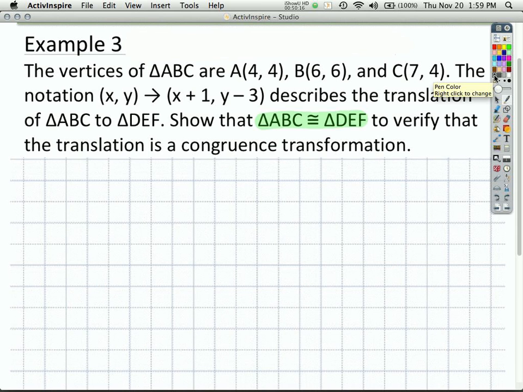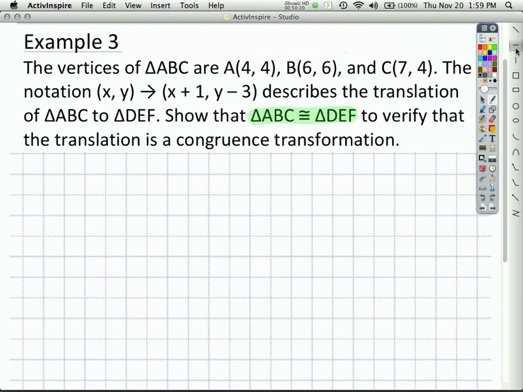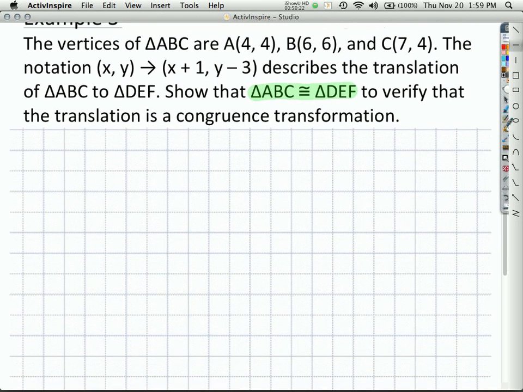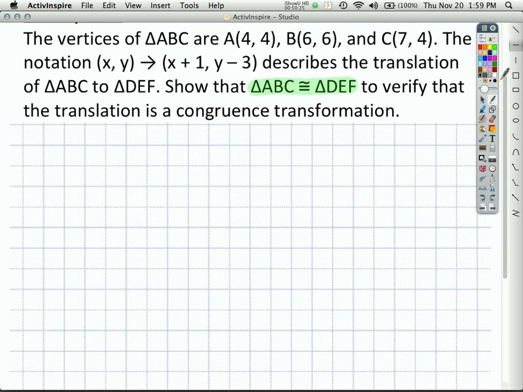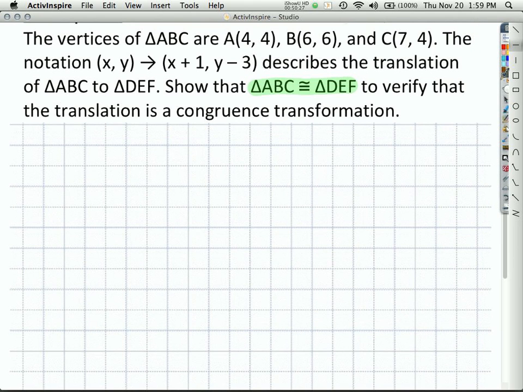So we need another coordinate grid. So go ahead and get one set up. I'm going to get one set up for myself. Let's see, how far do I need to go? 7.